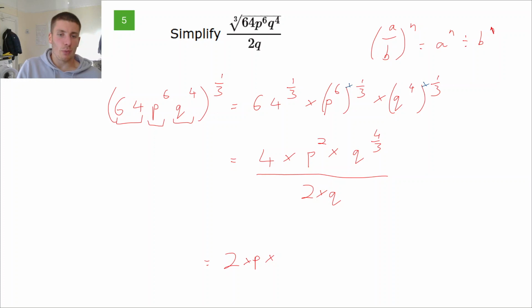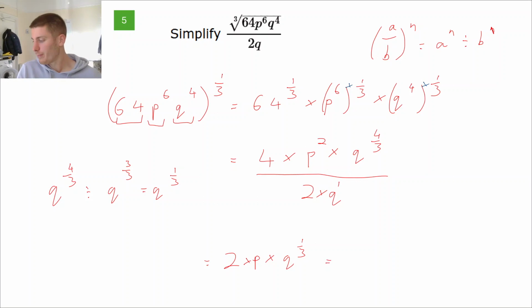And this means q to the 1, because if you've got q to the 4 over 3, and we're dividing it by q to the 1, you want to have the same fraction bases, otherwise you can't take away the powers. So 1 is the same thing as 3 over 3. So q, 4 over 3, take away 3 over 3, because we're dividing with the same base, is going to be a third. So we're going to get timesing it by q to the 1 over 3.